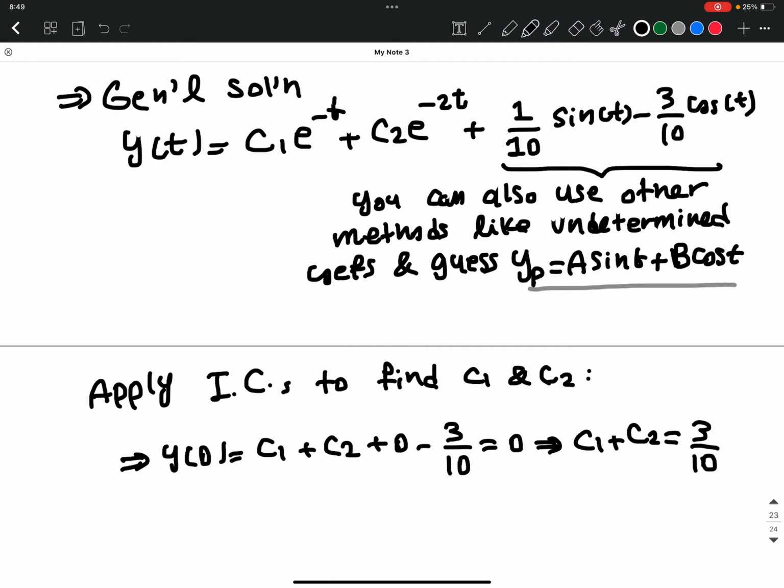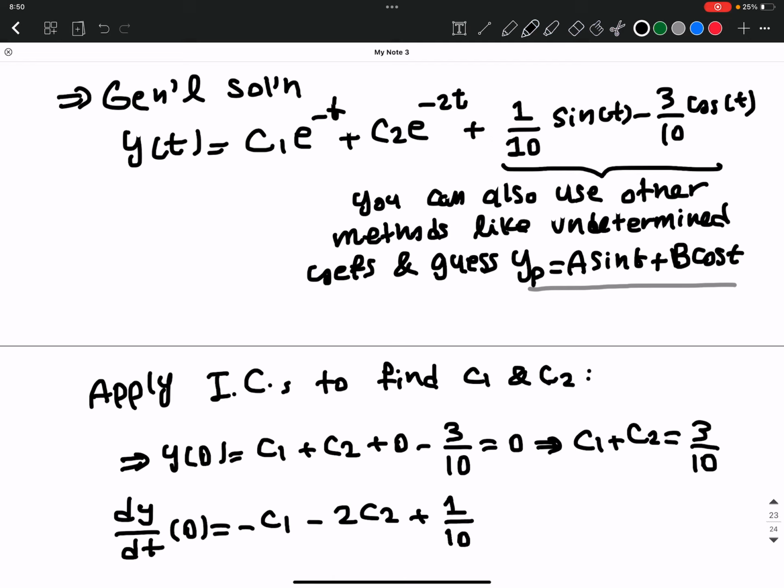And my second initial condition was dy over dt at 0 is 0. And what would be my dy over dt? The first term is minus C1. The second one is minus 2 C2. The third one would be cosine, so plus 1/10.